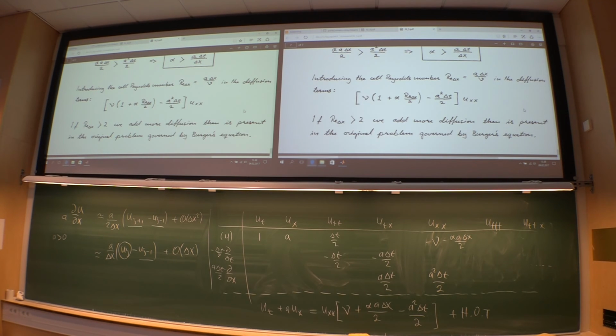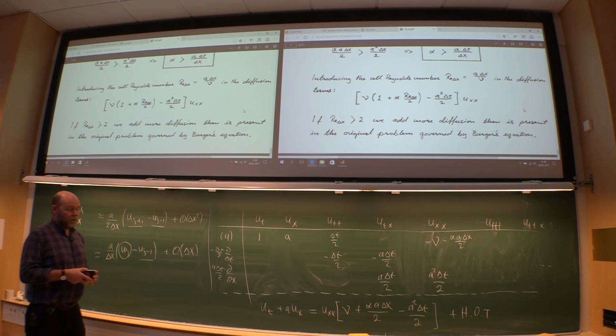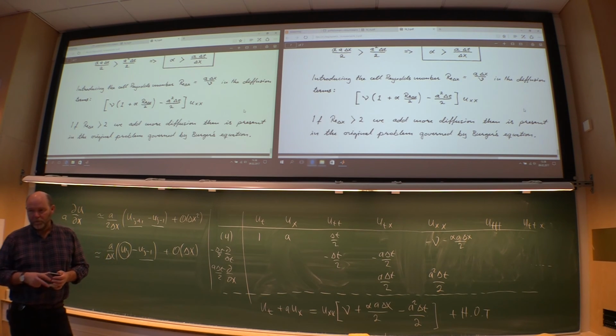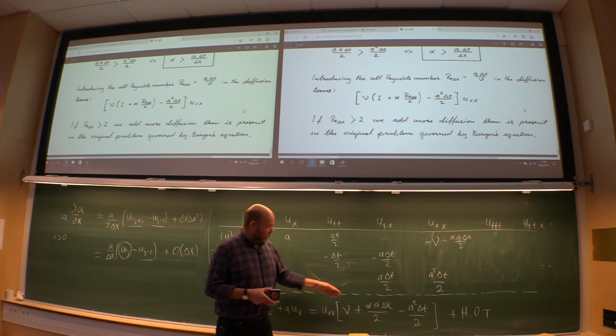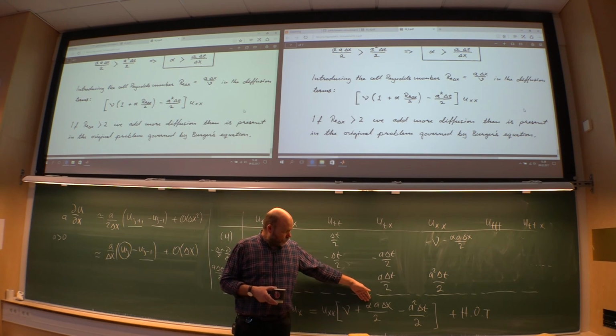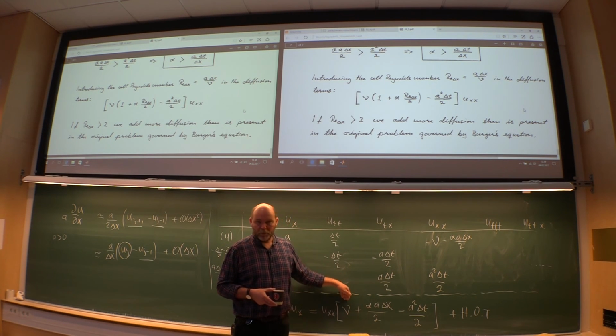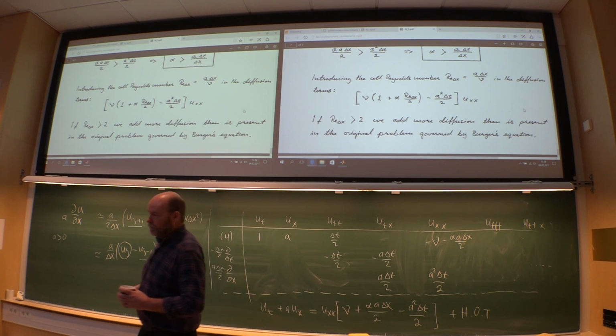If the cell Reynolds number becomes bigger than 2, well, say if it's equal to 2, then you have doubled the viscosity. That's what you physically are doing. So that means you believe you are simulating water, flow of water, and then you choose a first order upwind scheme, then actually you have doubled the viscosity. It's not water anymore, it's a totally different fluid.